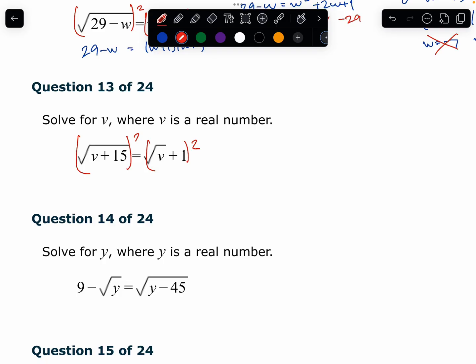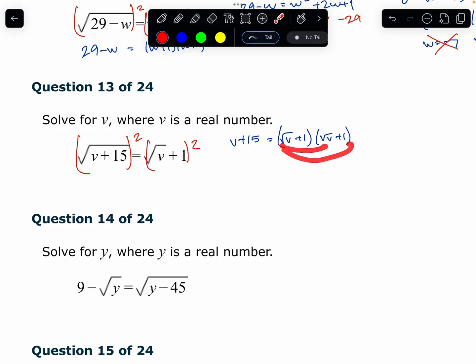The left side is no problem, because that's just going to be v plus 15. But on the right side, that's going to be equal to the square root of v plus 1 times the square root of v plus 1, which is not so nice. So we're going to have to FOIL this out right here. So I'll do square root of v times the square root of v, and that's going to be equal to v.